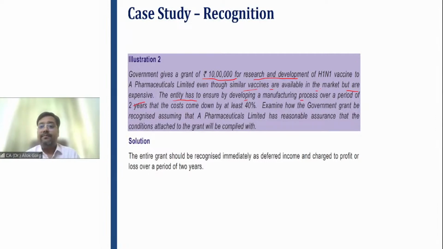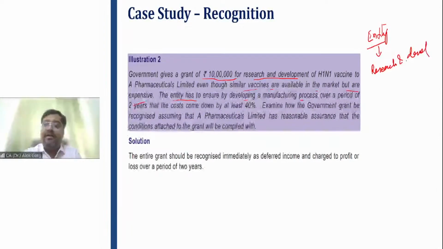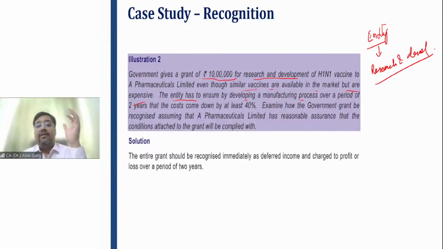So the entity has to spend on research and development so that the cost of the vaccine will come down by at least 40%. Examine how the government grant will be recognized, assuming that A Pharmaceutical Limited has a reasonable assurance that the condition attached to the grant will be complied with.